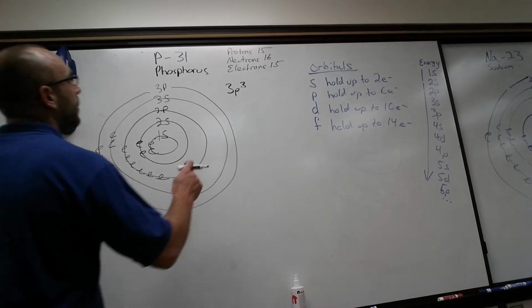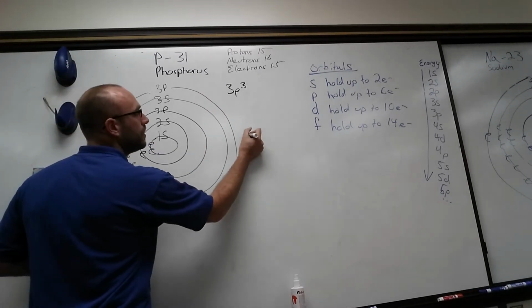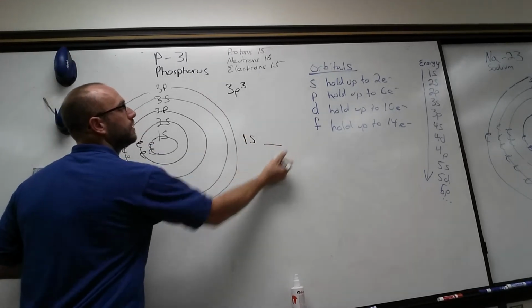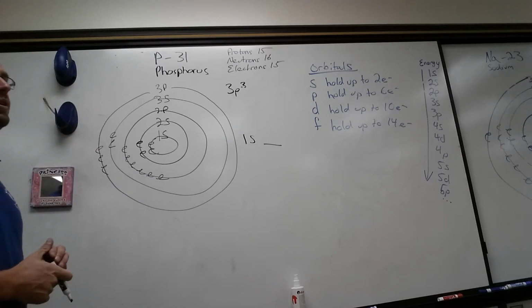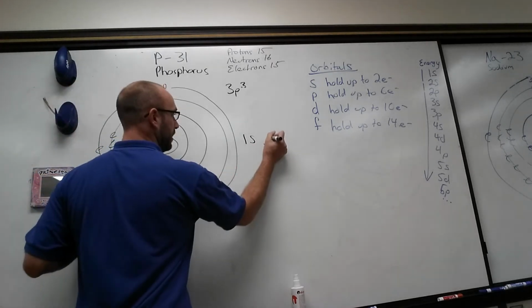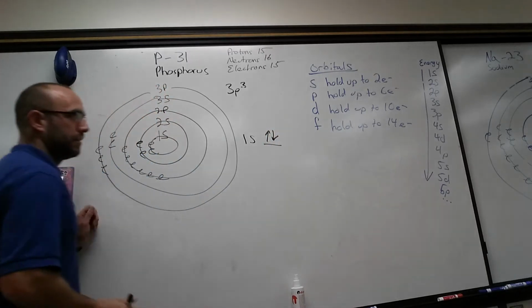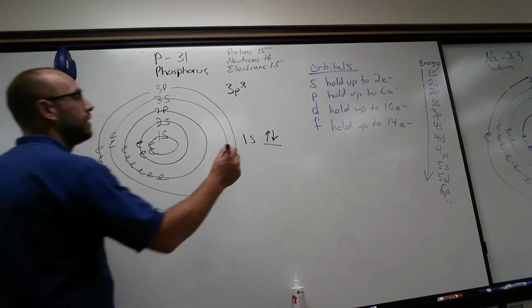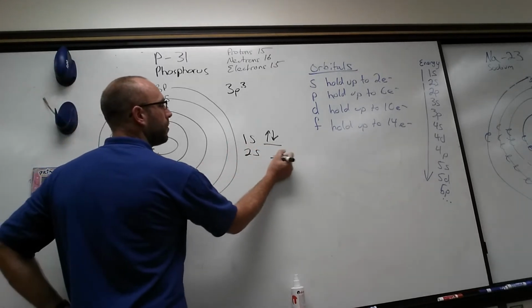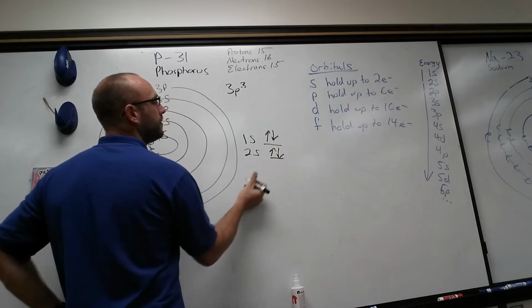On this one, 1s holds how many electrons? This can hold up to 2, so I draw one line. We have both electrons. After 1s is 2s, can hold up to 2 electrons, it gets one line.